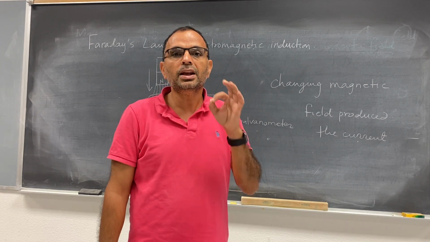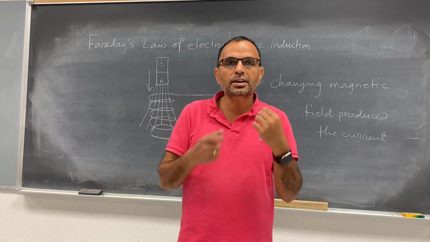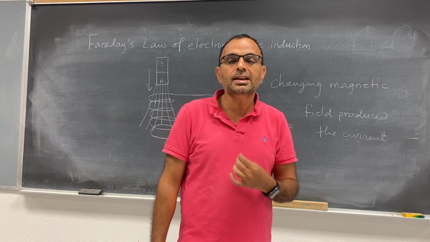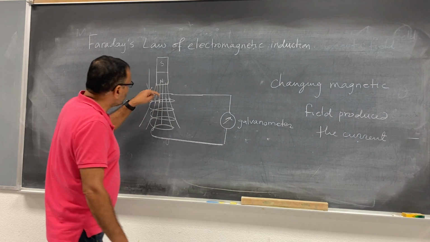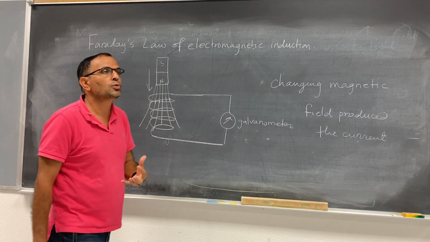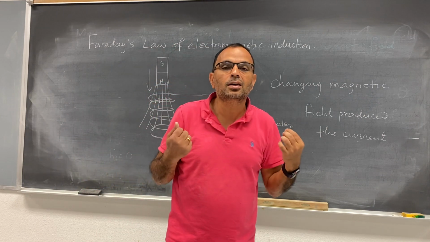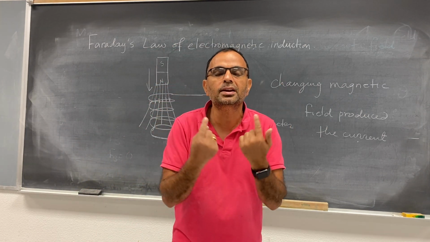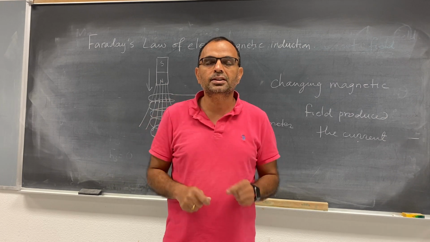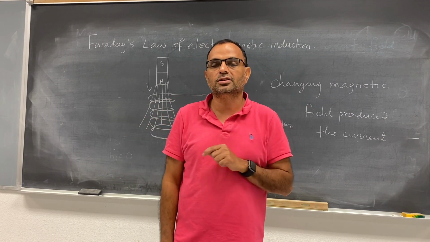The changing magnetic flux produces the electromotive force, EMF, here in the coil. An electromotive force is simply like a potential difference. If you can maintain the potential difference between the two terminals and the circuit is closed, then current flows through the circuit.